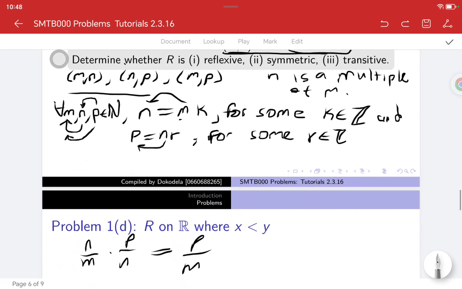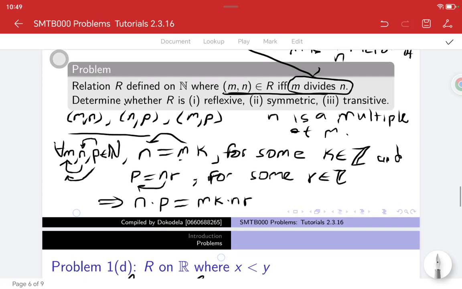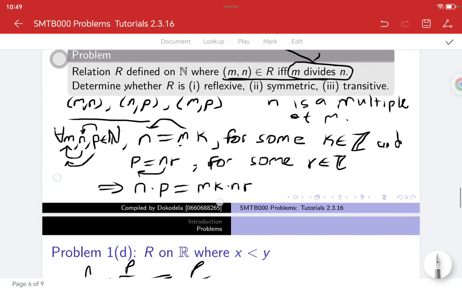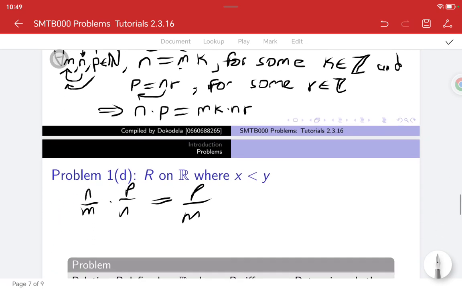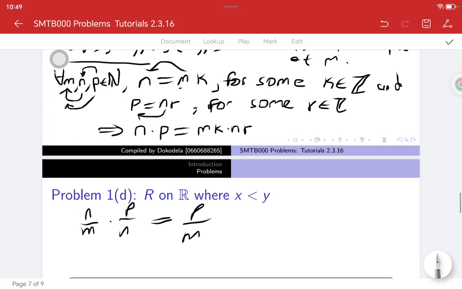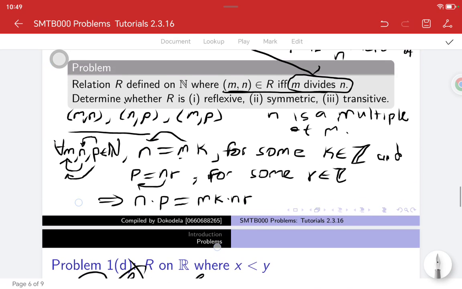So the easiest way to get there is, if I say this implies n times p will be equal to mk times nr. You see, right, so I'm just going to multiply these two because they divide. If you want, you can also change this to n over m, so that you multiply. At the end of the day, you must arrive here.